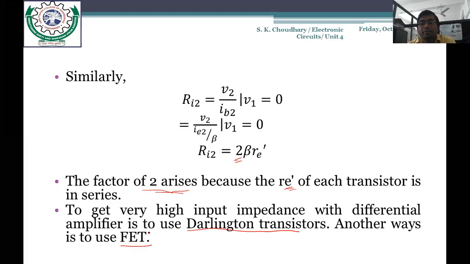You can replace the BJT with the FET. Your input impedance would be increased, because we know that the FET has a higher value of input resistance as compared to the BJT. So either of these two configurations you can use in place of BJT to improve the input resistance of the differential amplifier.